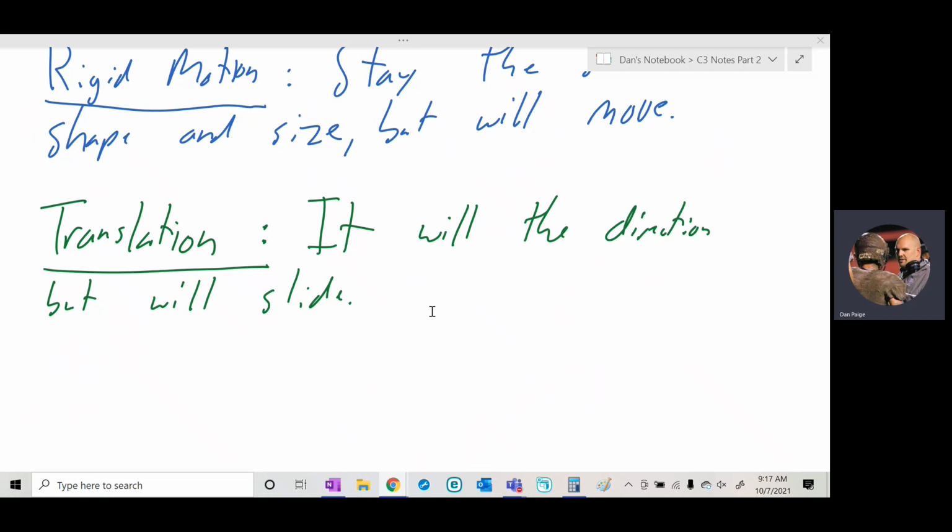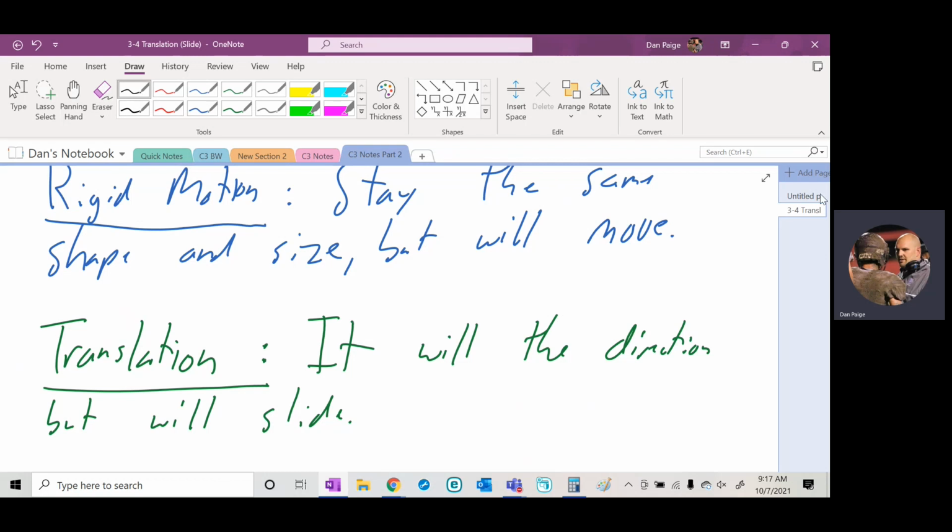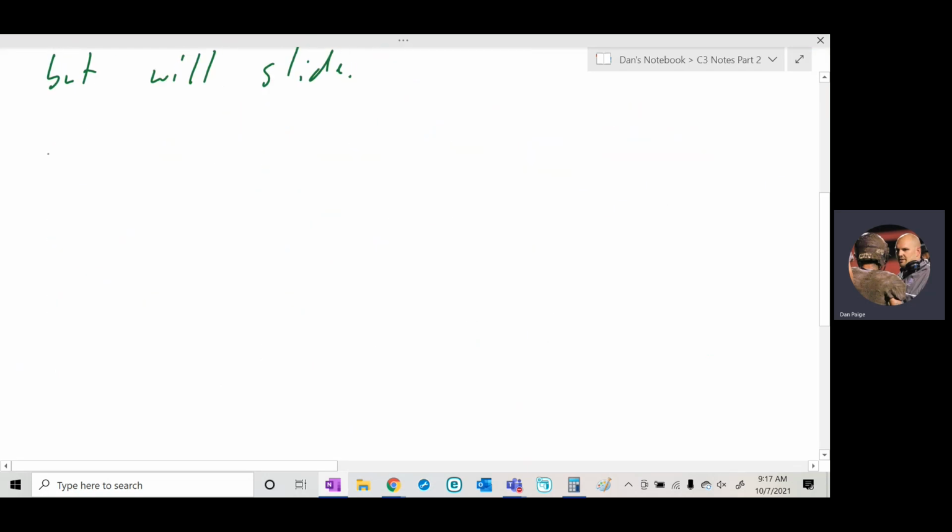So now let's get to what it's actually going to look like in your work, now that you understand what it is. The first thing they're going to do is have you graph something out, and then they're just going to give you some directions.